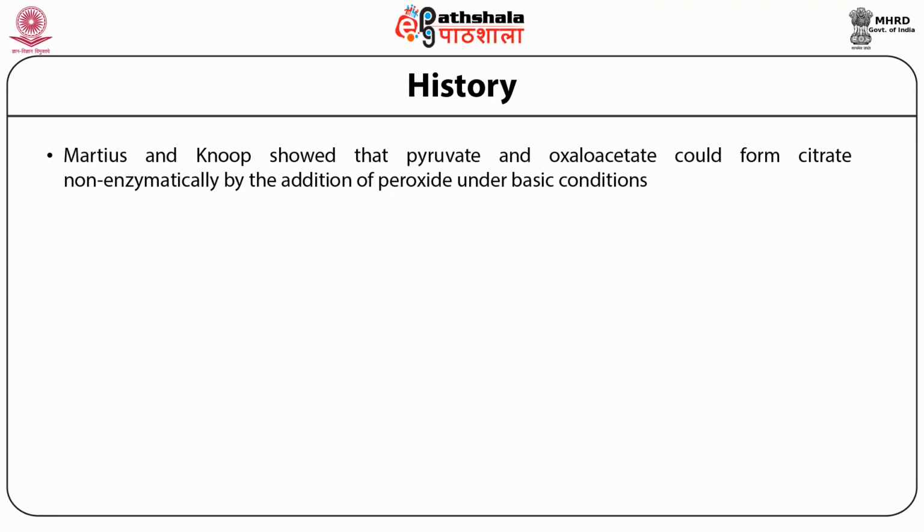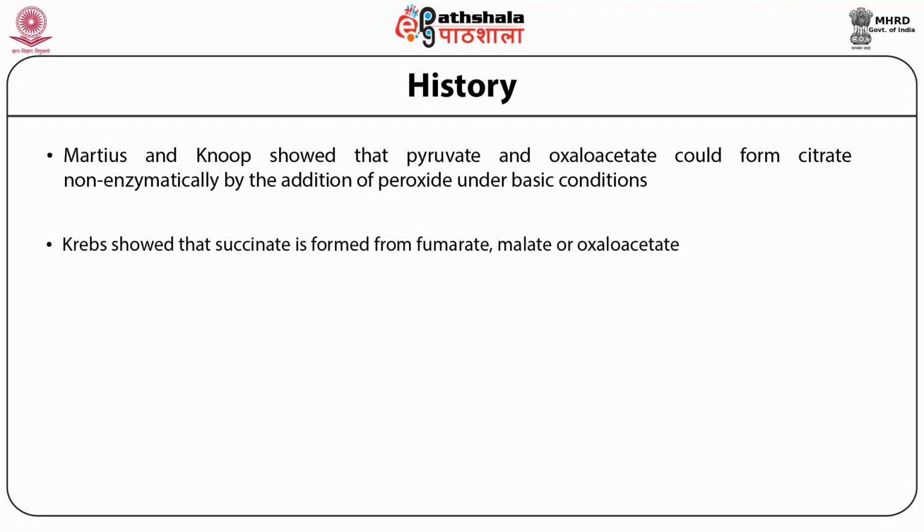Martius and Knoop showed that pyruvate and oxaloacetate could form citrate non-enzymatically by the addition of peroxide under basic conditions.